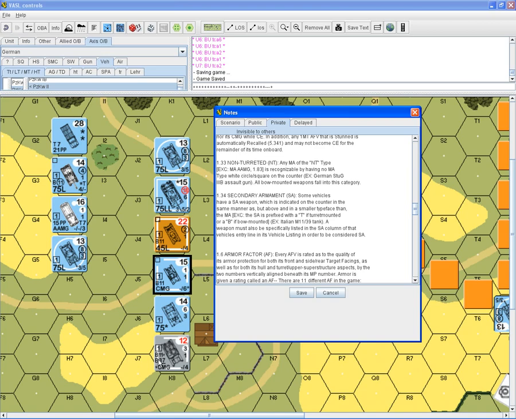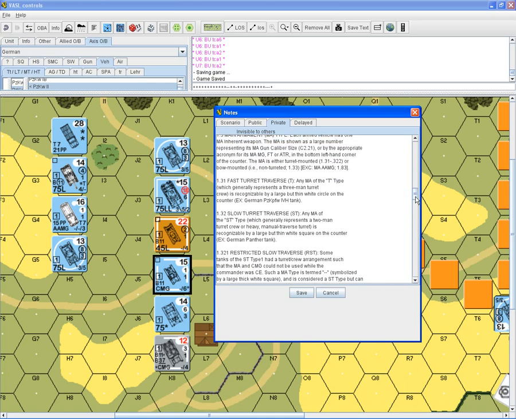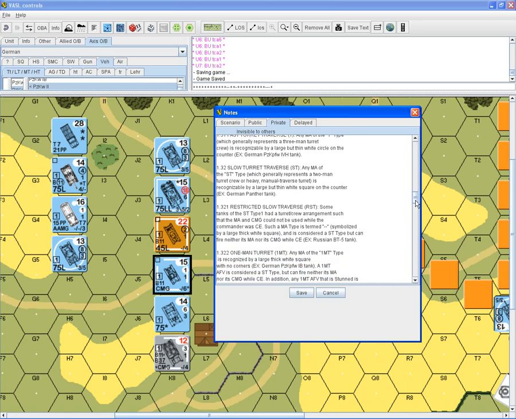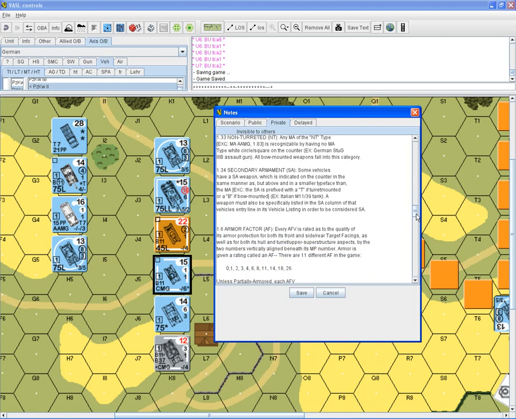So if it has other symbols or numbers represented here, it'll be preceded by either B if it's bow mounted, or T if it's turret mounted. So that covers our different turret aspects. We have fast turret, slow turret, restricted slow turret, a one-man turret, non-turreted at all, and secondary armaments.